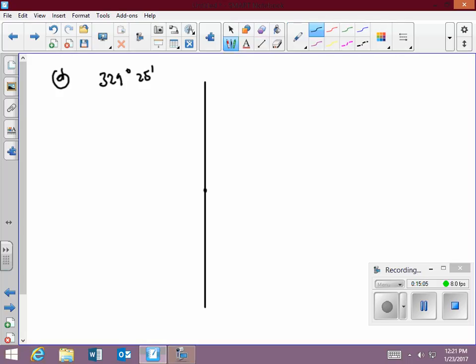And 329, straight out this way is 270, right? This is a 270 degree. So 329 is going to be a rotation that comes around and puts you up in here.